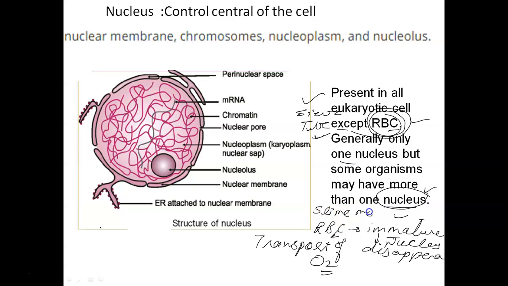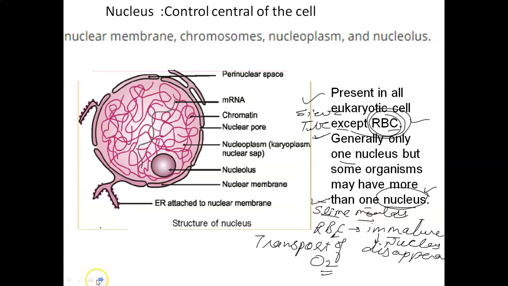What are slime molds? Slime molds are actually single-celled fungus structure. Slime molds, which are the fungus, single-celled, and they will come in Protista group, right? So slime molds are the examples of having more than one nucleus in their cell.